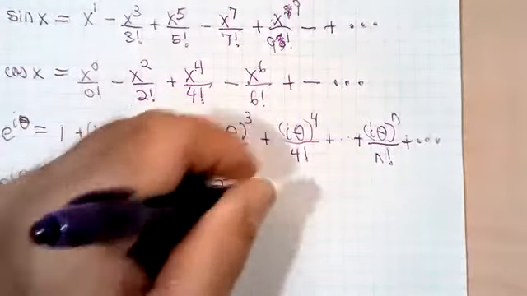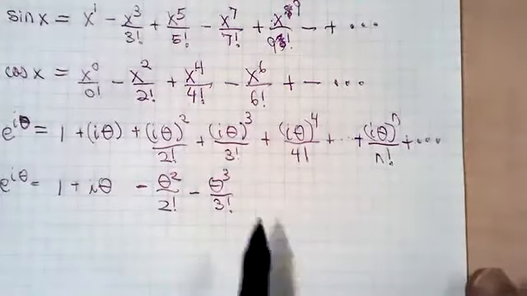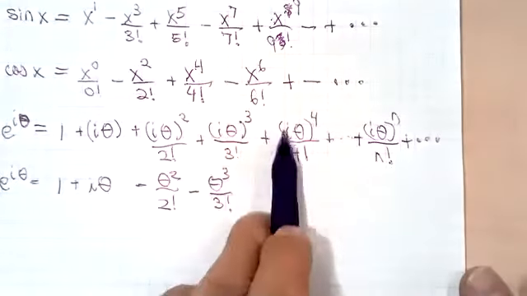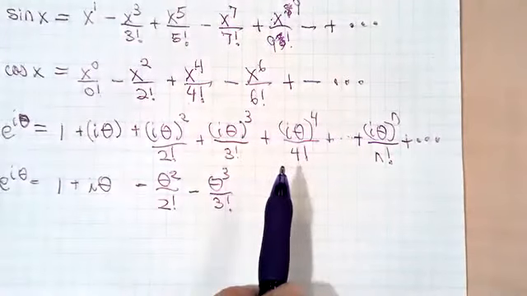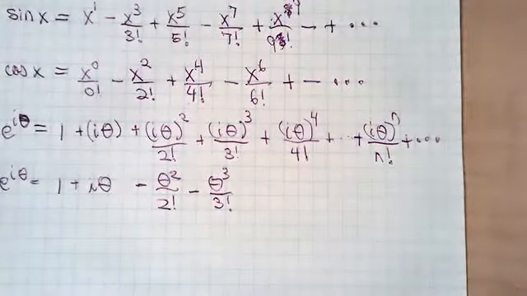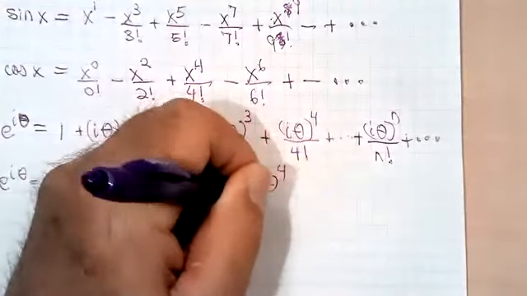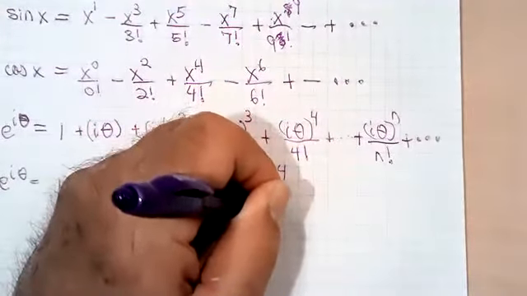And hopefully after we do enough of these, the pattern will really jump right out. All right, now i to the 4th, that's just 1. It's i squared is -1, so you got -1 squared, which is +1. 1 theta to the 4th over 4 factorial.